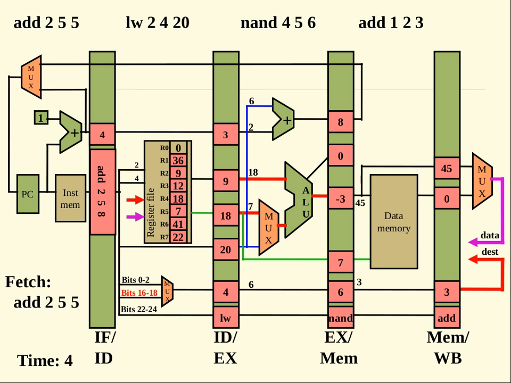Well, the add is writing to the 3, but does the NAND have the proper value? No. Why not? Because it hasn't finished yet. It hasn't been computed. Do you see that problem? So that's called a data hazard, because it doesn't have the correct data.